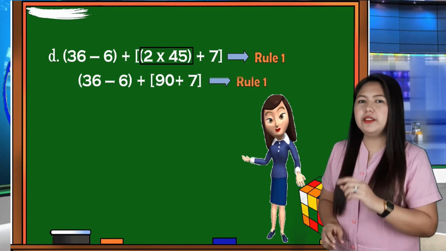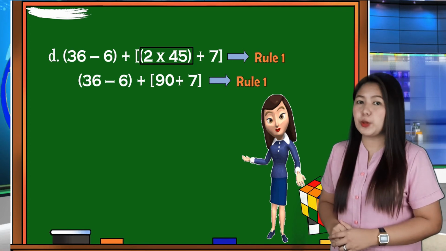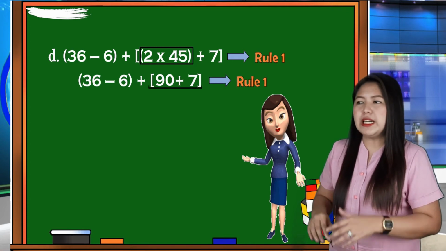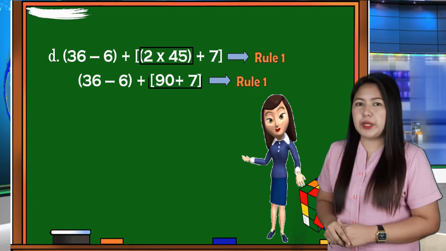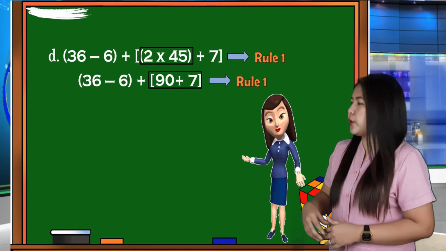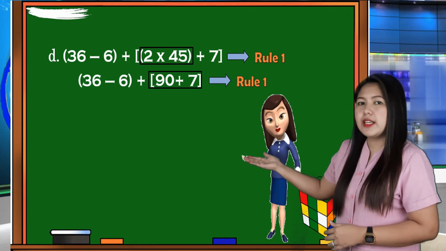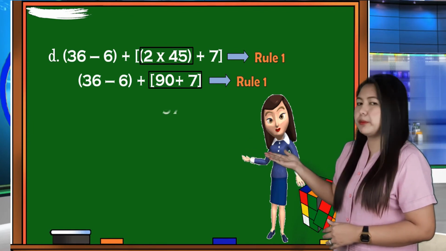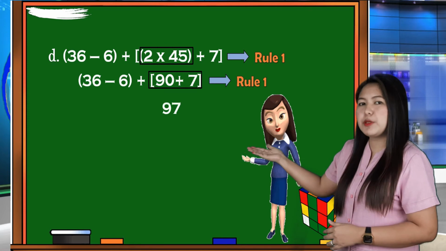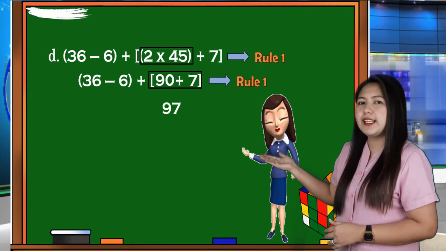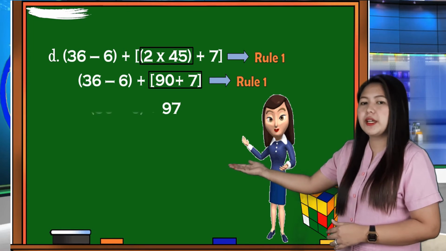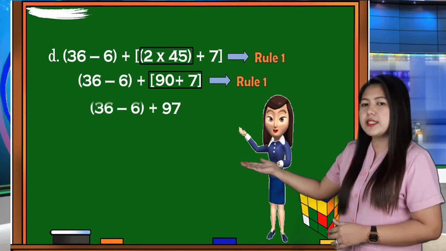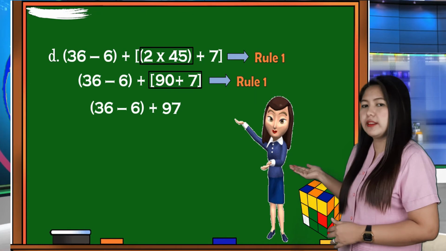Sa rule number 1, kailangan muna natin i-solve yung nasa pinakang innermost ng parentheses or grouping. So, i-multiply muna natin si 2 and 45. So, 2 times 45 is 90. Bring down 36 minus 6 plus 7.